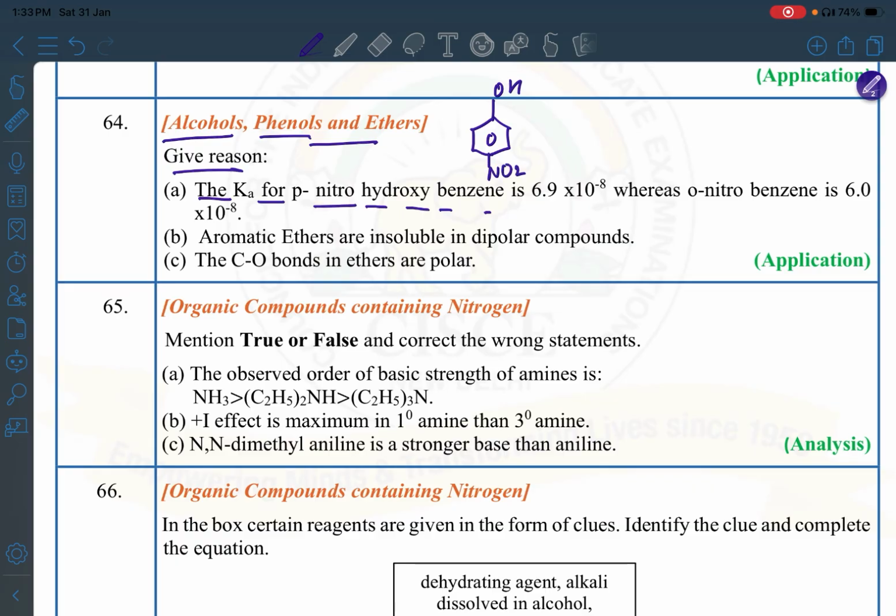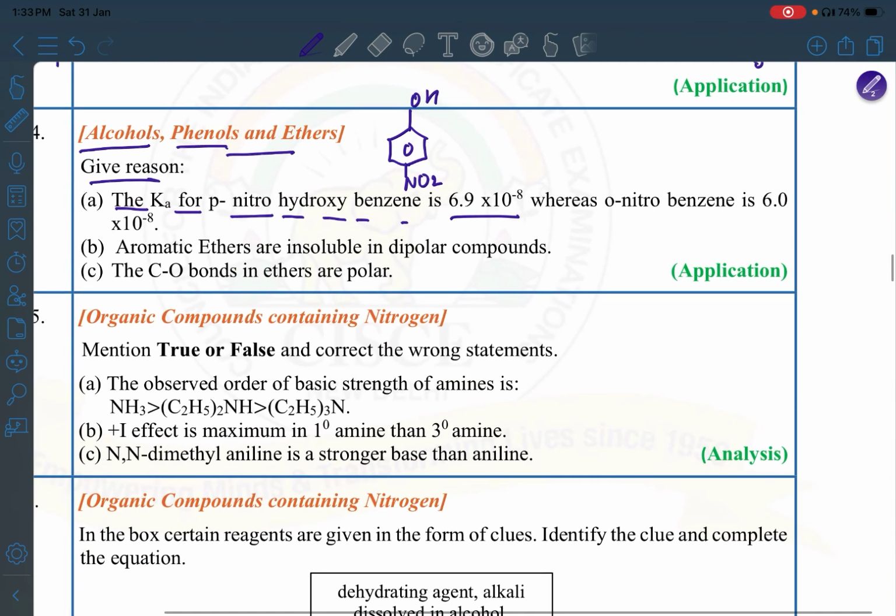The Ka of paranitrophenol is 6.9 into 10 to the power minus 8, whereas for orthonitrophenol it is 6 into 10 to the power minus 8. We have to give the reason why it has less pKa compared to this, because pKa is inversely proportional to acidic strength.